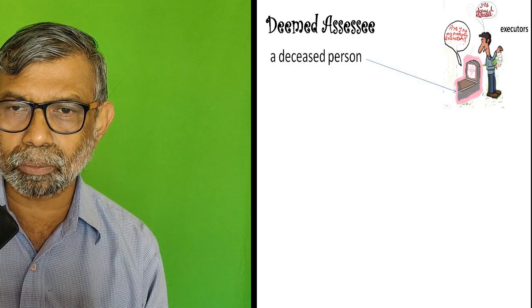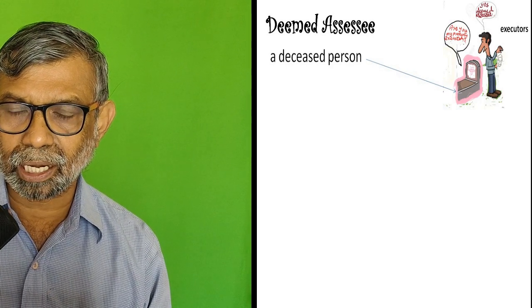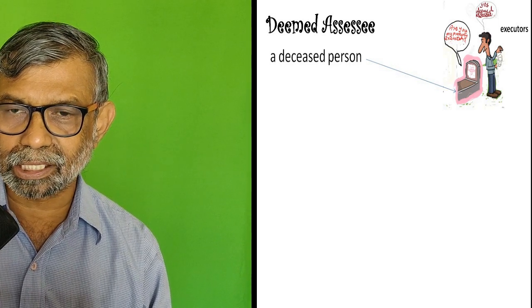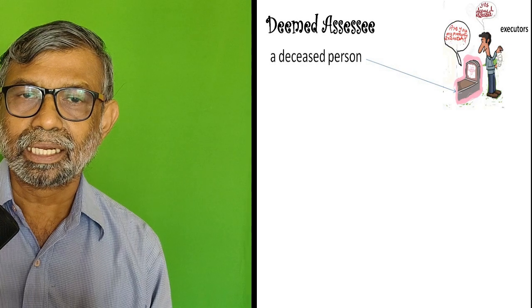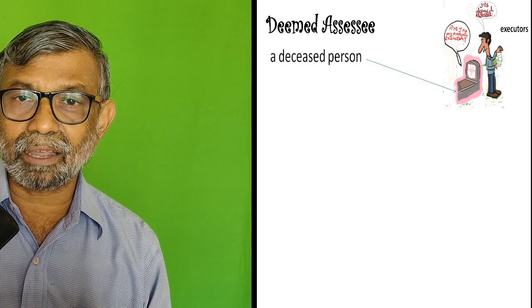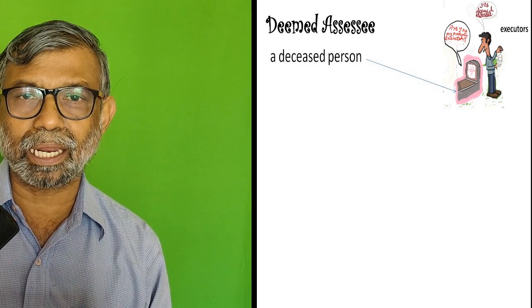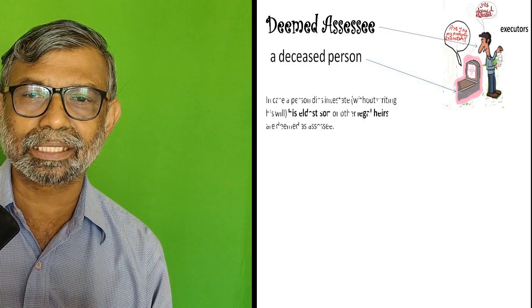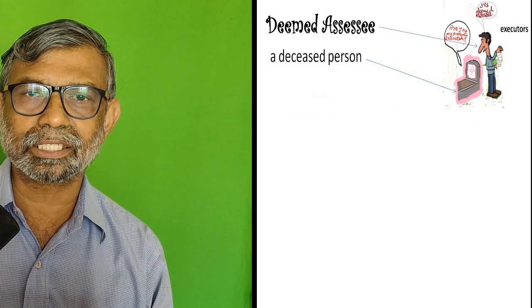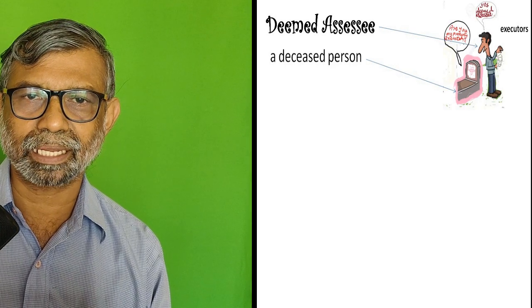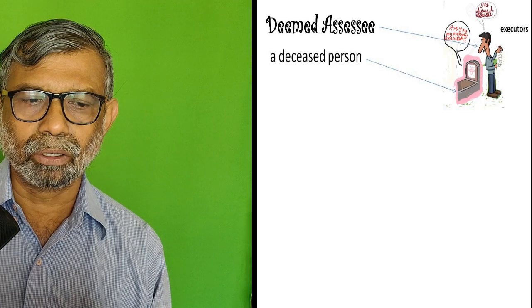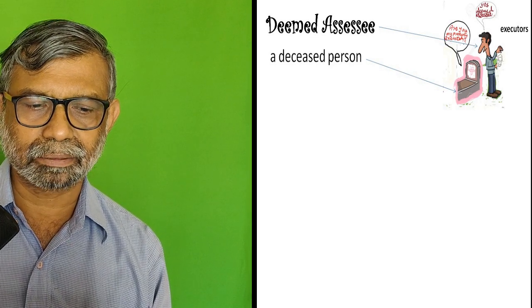Till he distributes all assets to the concerned persons, the income from the property is taxable, and this executor is liable to pay the tax of the deceased person's property, income tax. Clear?